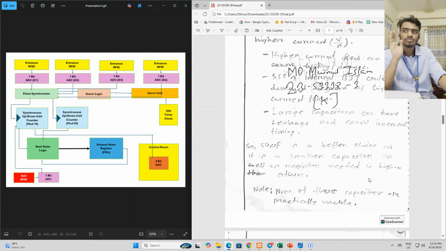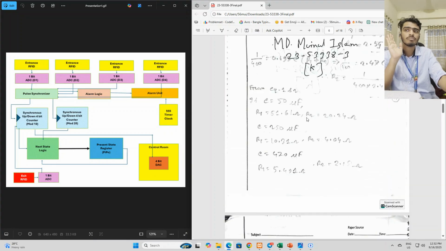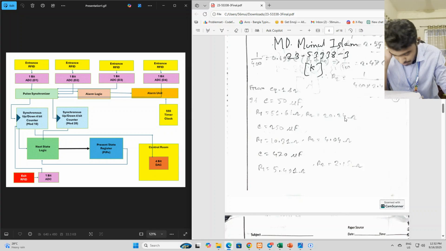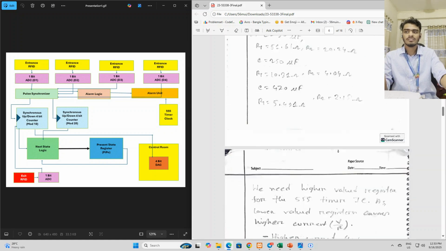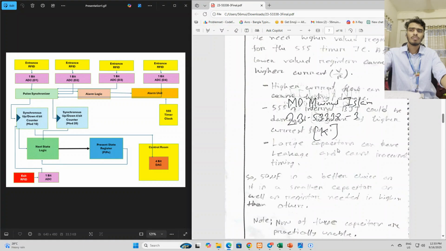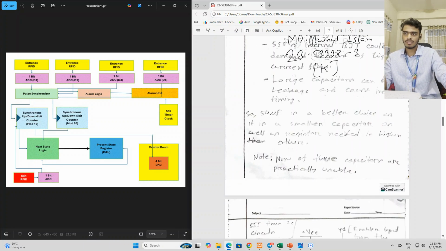So we used 50 microfarad as a better choice, and for that we got these two resistors, 51.61 and 20.24 ohm, the highest resistors we got for these combinations. So we need to use them. Practically, not all of these combinations are usable, because these are very small capacitors, so we would have issues with that.